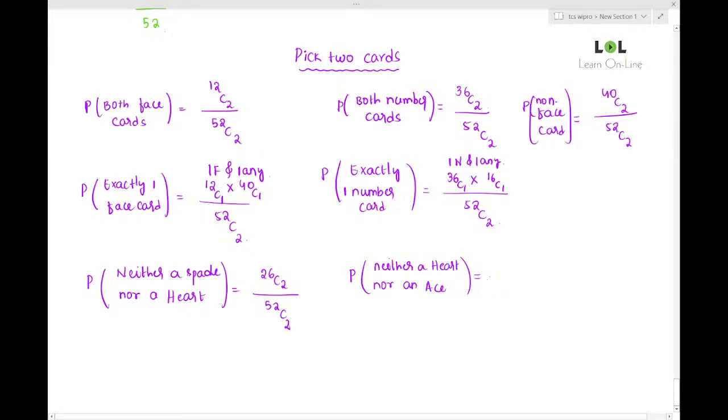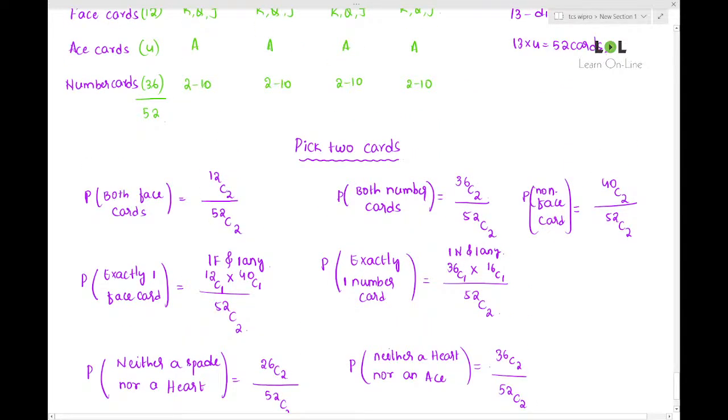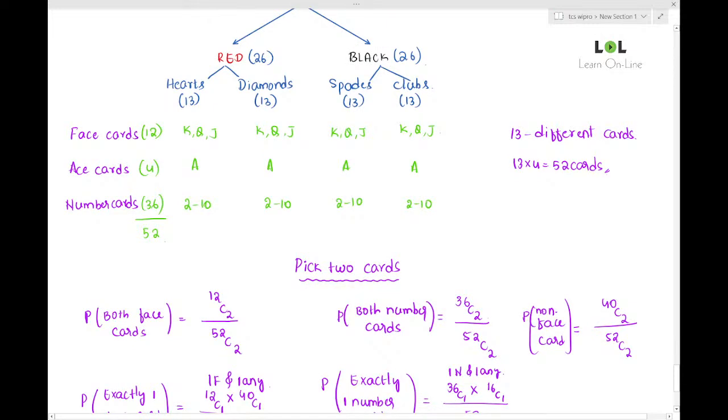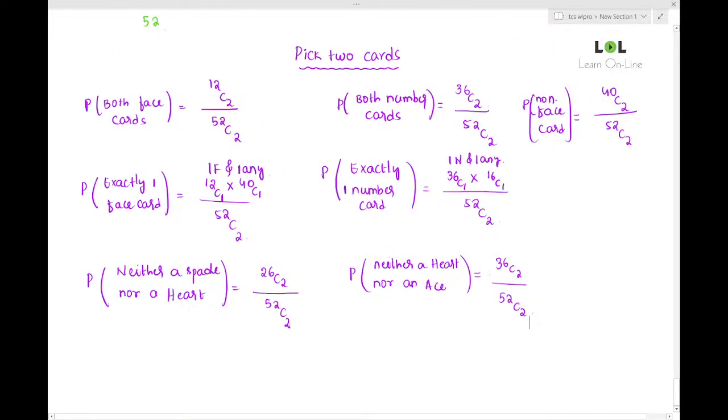Good. 36C2 divided by 52C2 you will get. Why? No, Naina. Check it. I said neither a heart nor an ace. It means totally 52 cards are there.